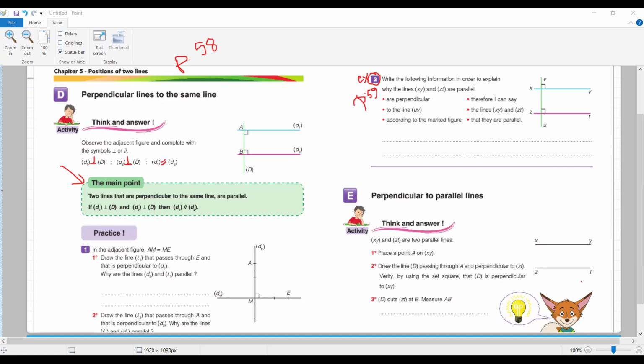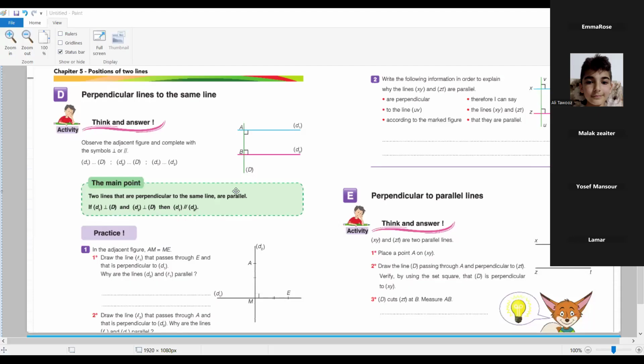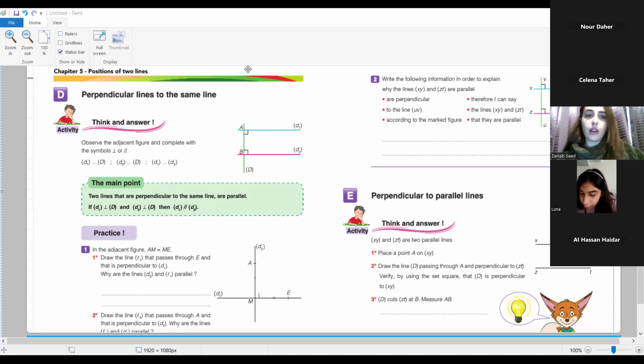These sentences will explain to us why they are parallel. If you put them in order, you will know how to explain that they are parallel.